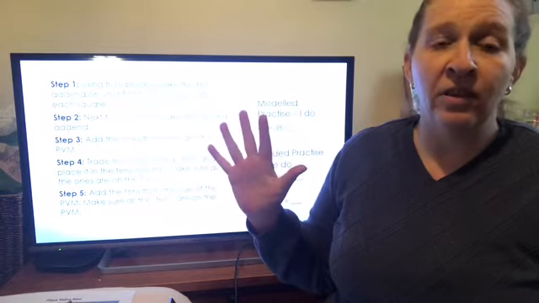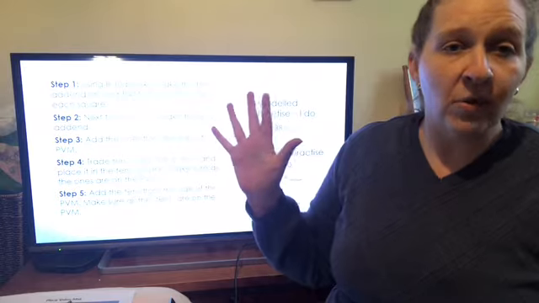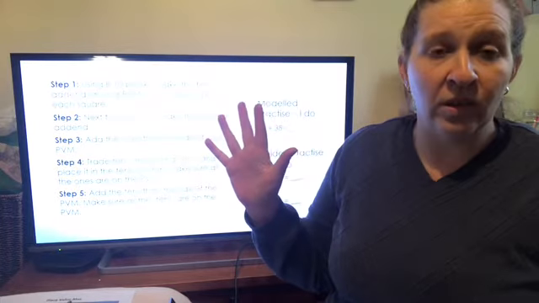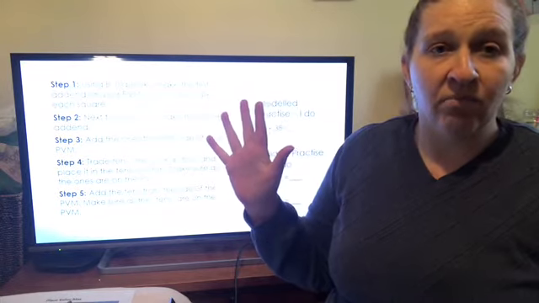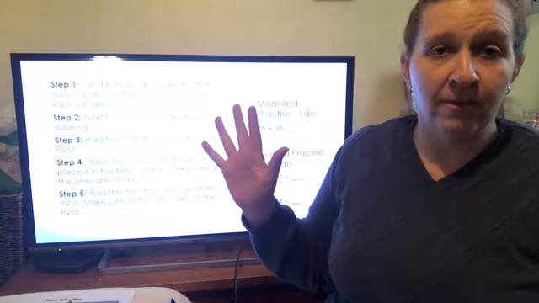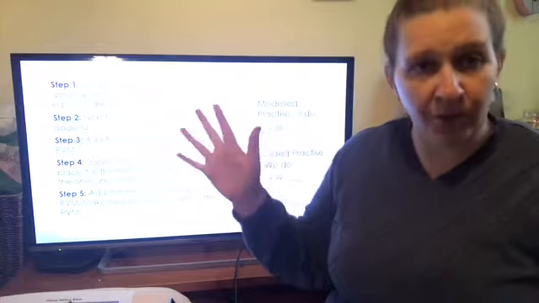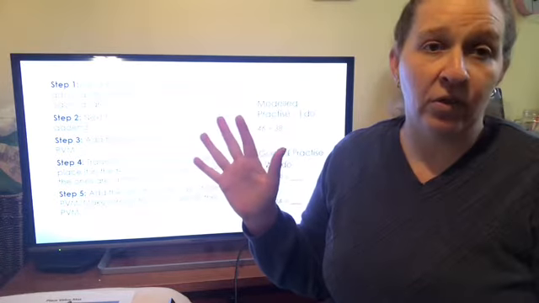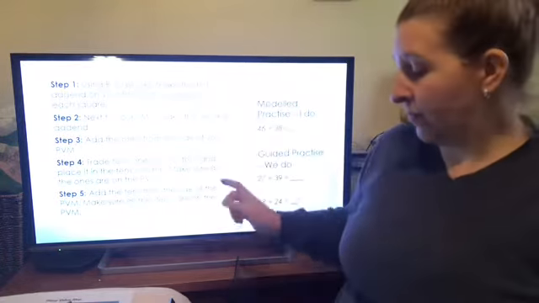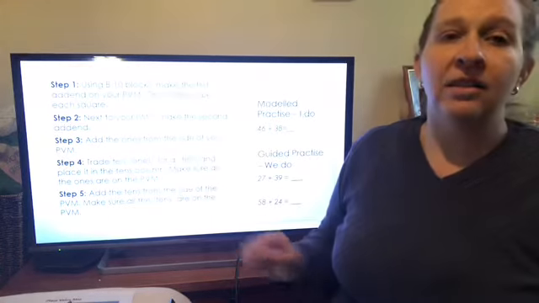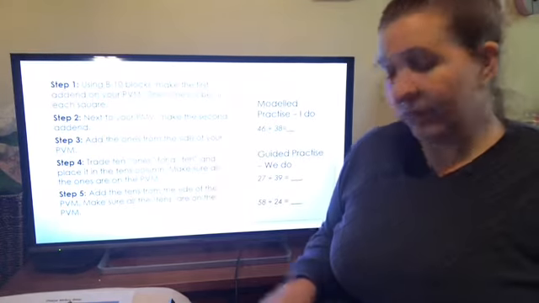Step 5 is to add the rest of the base 10 blocks that are beside your mat onto your mat, so you have the answer and you can count those. 5 steps. Let's go on to our guided practice, and we're going to do that together.